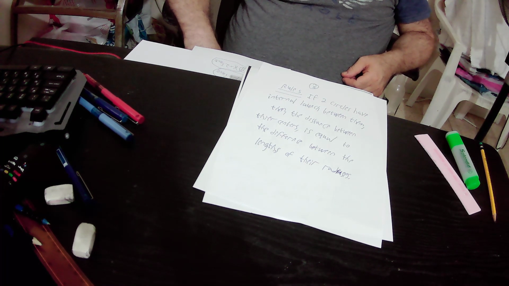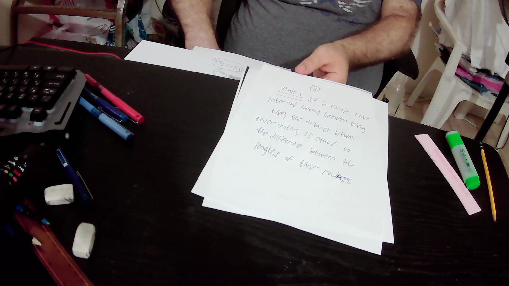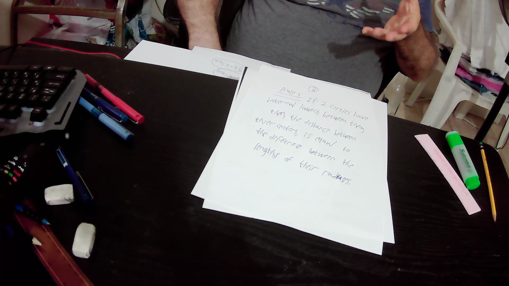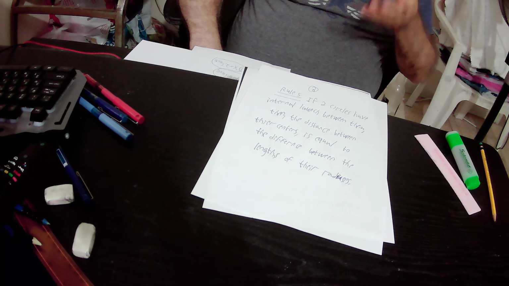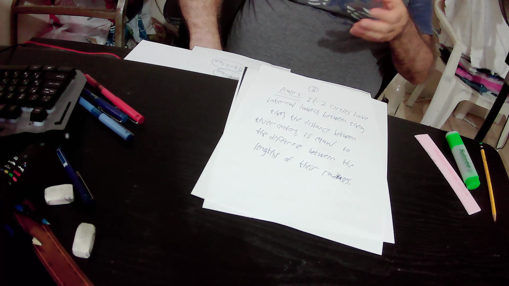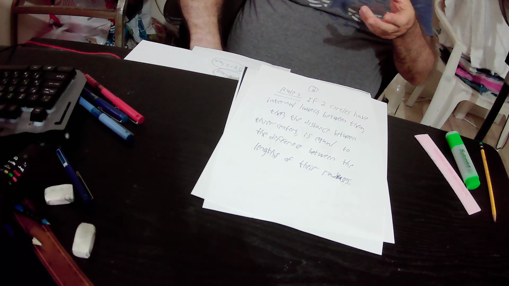So if D is the distance between the centers of the circles, and R1 and R2 are the radiuses of the two circles, then D equals R1 minus R2.